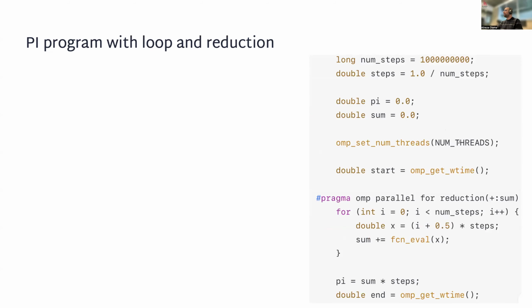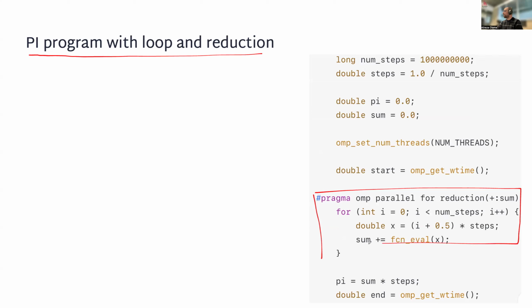And we can use the same thing for our Pi program here. This part is quite important. We have this pragma omp parallel for, and we perform reduction using plus on the sum variable, right? So we have the sum variable here, which we want to perform reduction on, and then we compute pi.